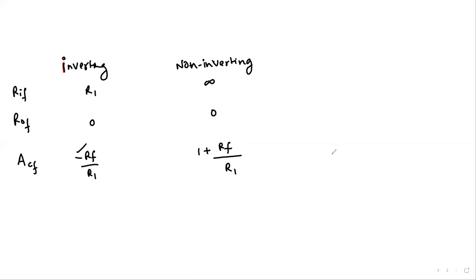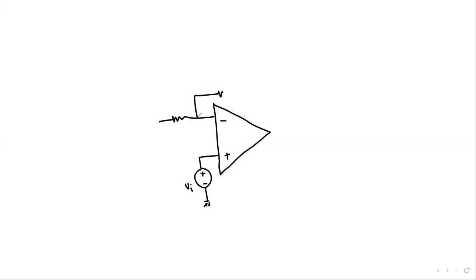So now let us take a look at the special case of the non-inverting amplifier. So we draw this non-inverting amplifier, with the input connected to the positive input terminal, and the resistor R1 and the resistor RF.